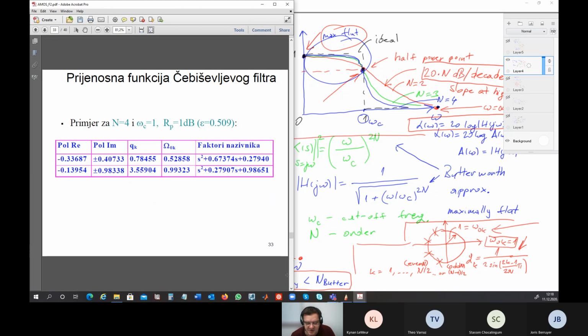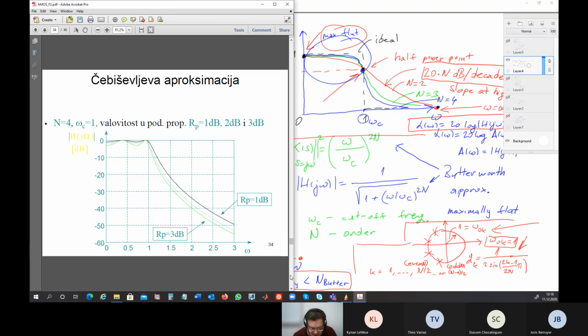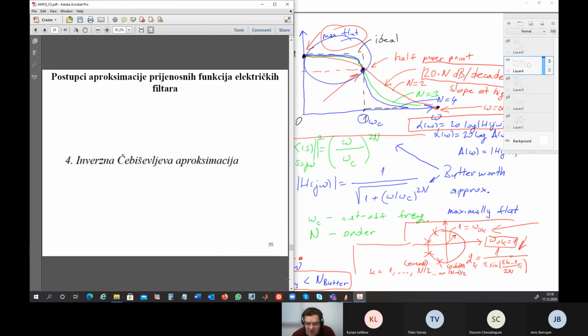Of course, you can also use tables. And this time tables have these omegas, which you can use to calculate poles, not zeros, of the Chebyshev filter. This is how it looks like if you change a ripple. If you change this here from 1 decibel, 2 decibel, or 3, then it also goes down. So it's becoming more selective. And this is all for the Butterworth and for the Chebyshev approximation.